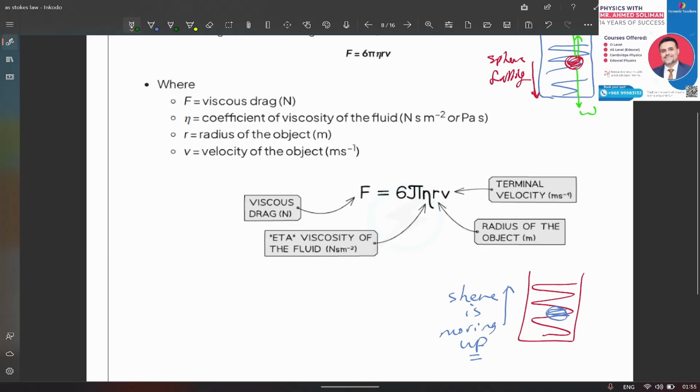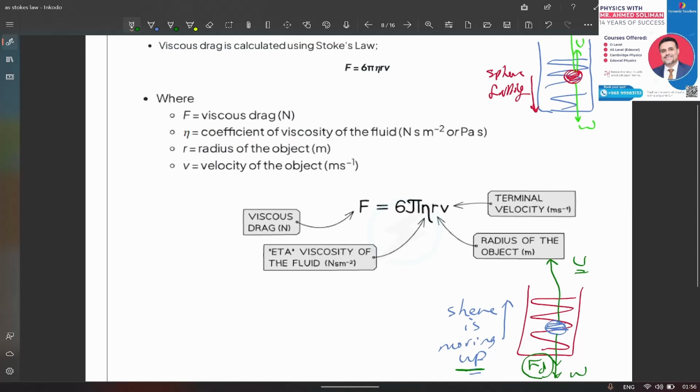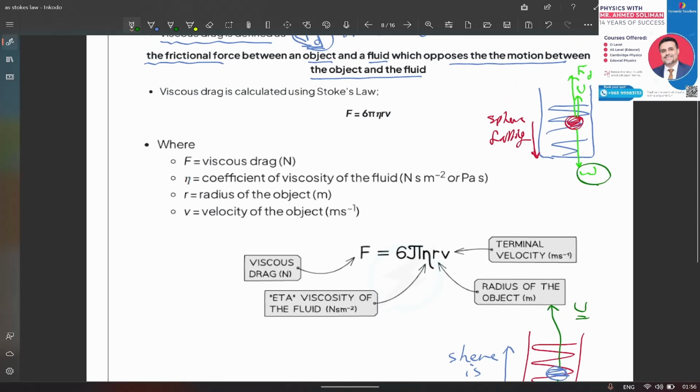Weight will be down, and drag force will also be down, because every time you draw the drag force, it must be opposite the direction of motion, and it's moving up. Finally, upthrust will be up, and of course the arrow of the upthrust must be greater than weight, because it equals weight plus drag force. So the direction of weight is always down, and upthrust is always upward. But drag depends on the motion direction of the object.